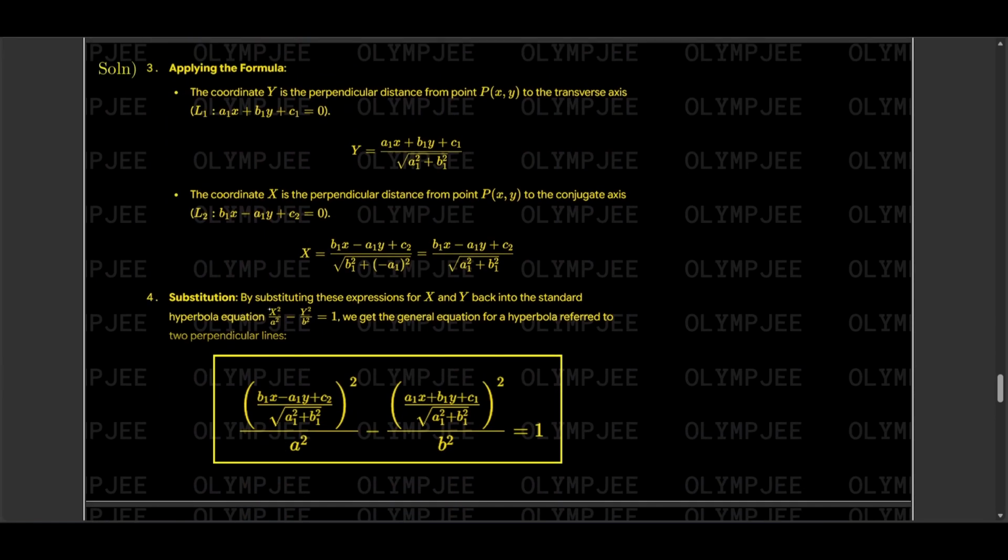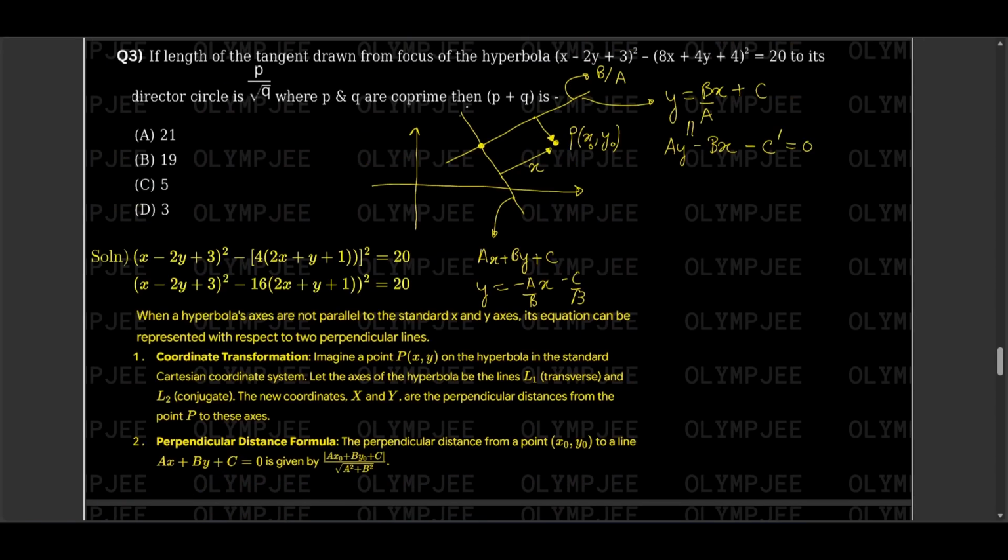So for hyperbola, the general equation is x square by a square minus y square by b square is equal to 1. And this is with respect to the standard coordinate axis. So standard coordinate axis is not this axis. It is the axis which is containing the vertex. So this is the standard coordinate axis, and with respect to this coordinate system, the equation of hyperbola is capital X square by a square minus capital Y square by b square is equal to 1.